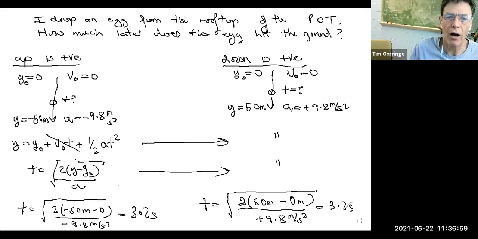It was up to us to choose. But once we made that choice, we were consistent with it. Any displacement, velocity, acceleration was expressed to be consistent with that choice.